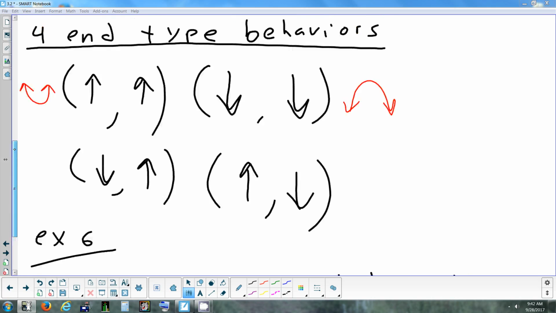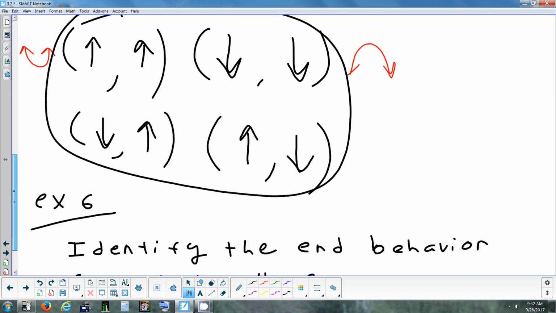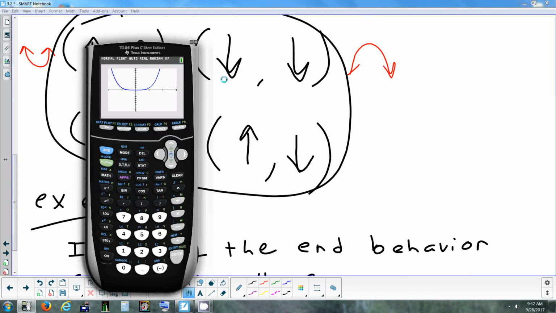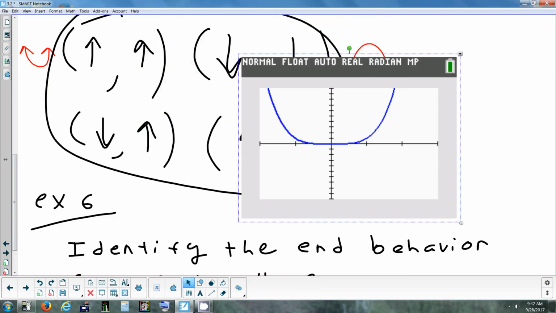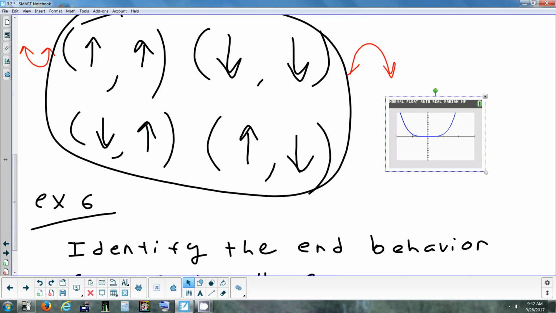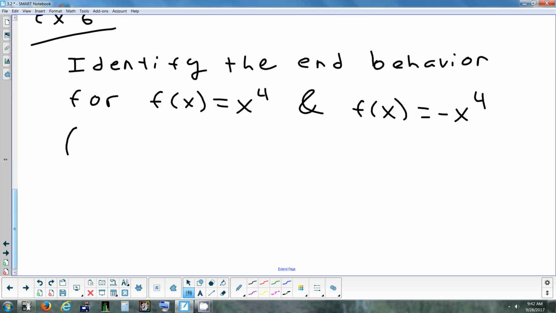Let's first do it as one of these 4 types. What type of end behavior do we have on this one? Yeah, it's up, up. So we could say the behavior on the left is up. Behavior on the right is also up. I hate when they reverse that order because then it's almost like a trick question.